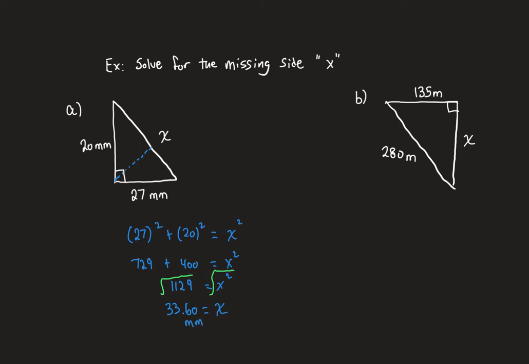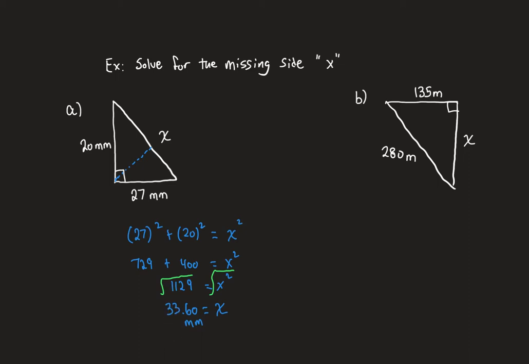Now, there's one thing to note. First and foremost, when you take the square root of a number, you should always have the plus and the minus. Why are we not using the minus here? Because for geometry, it does not make sense to have a negative dimension. Basically means you're like sucking into yourself like a black hole of math. So you're always going to use the positive answer.